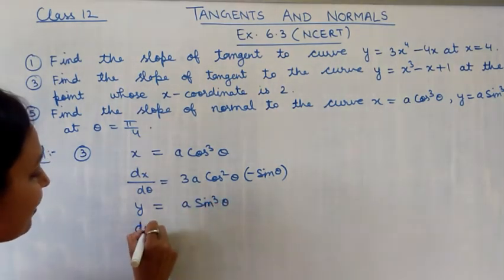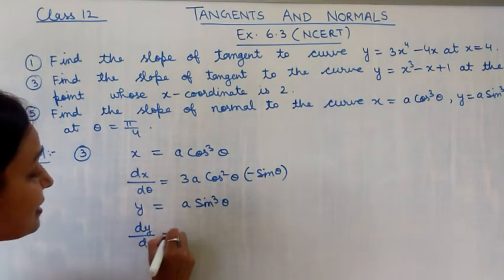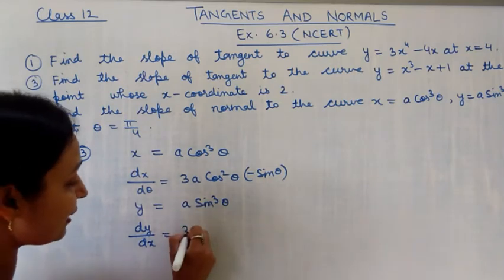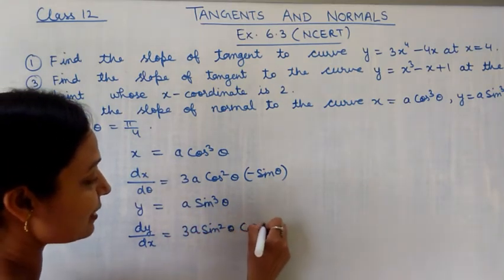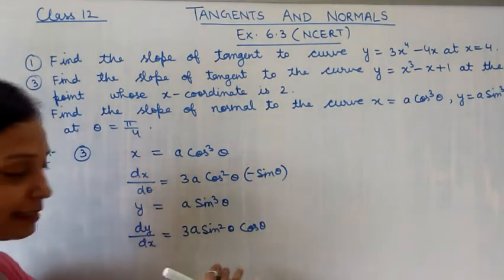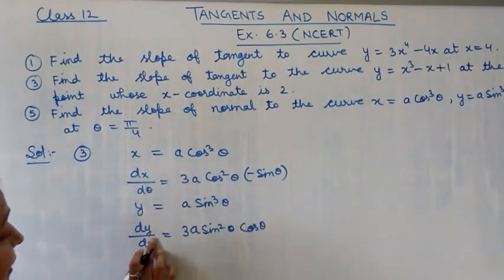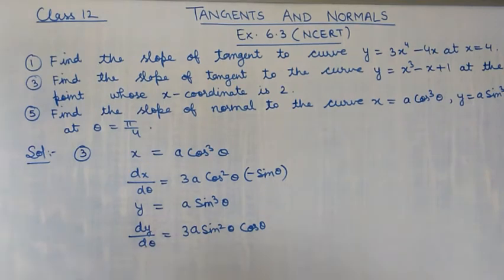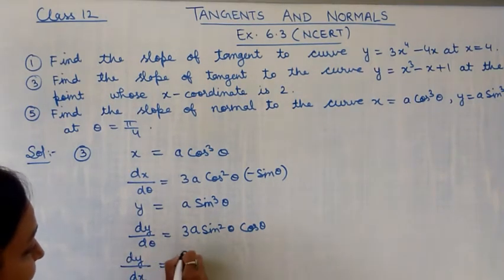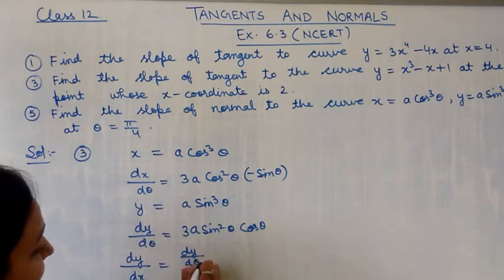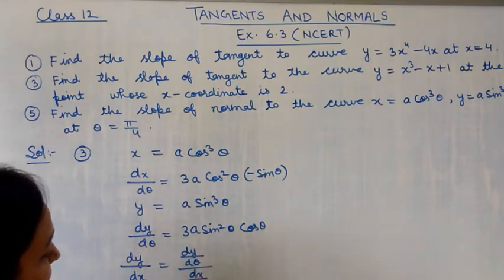When you do the derivative, dy upon d theta is equals to 3a sin square theta, and the derivative of sin theta is cos theta. Now this is dy upon d theta, not dy upon dx. Now we have to find dy upon dx. That means dy upon d theta divided by dx upon d theta.